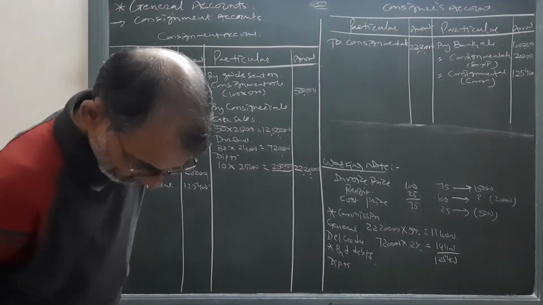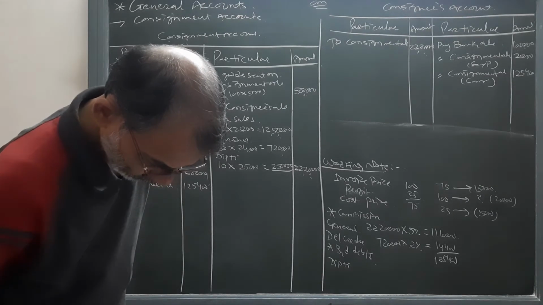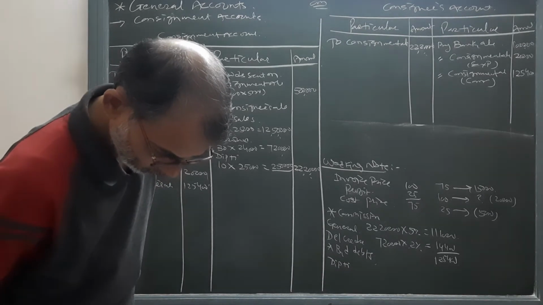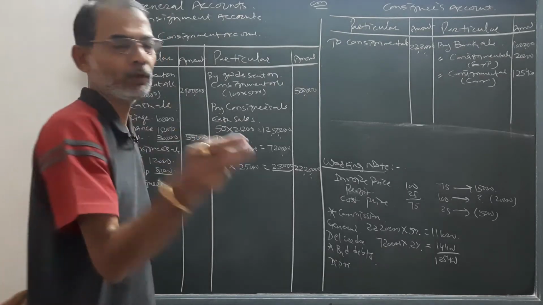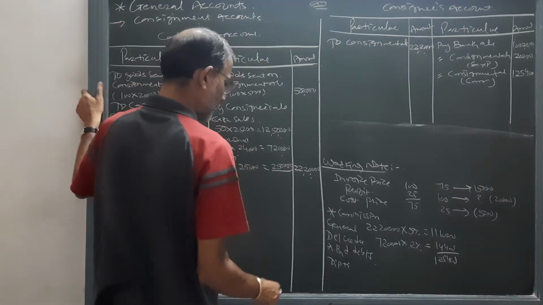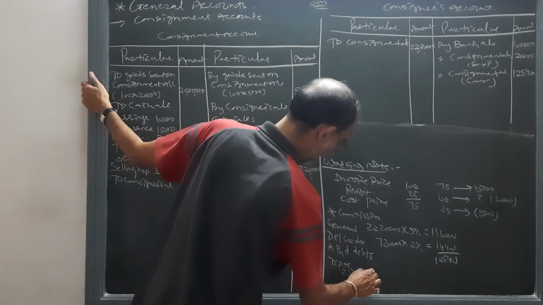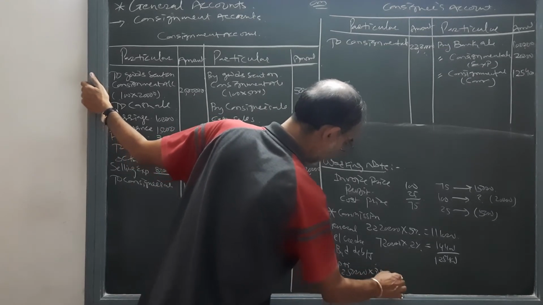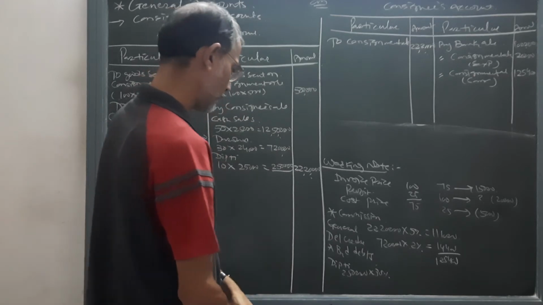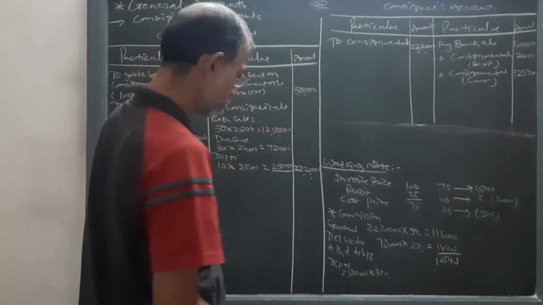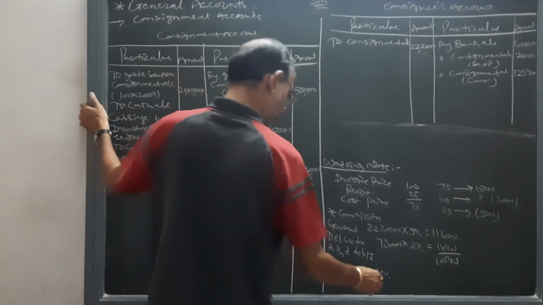Dipti could pay 70%, so 30% will be his bad debts. 2,50,000 into 30%. So 75,000 will be bad debts.